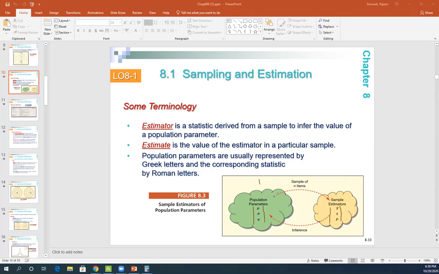We take a sample because practically we can't take all the items in the population. Say we are going to do a behavioral study of Eastern Washington University. We can't get all 13,000 students or whatever number of students we have at one time. So we get a sample, and based on the sample, we represent Eastern Washington University.